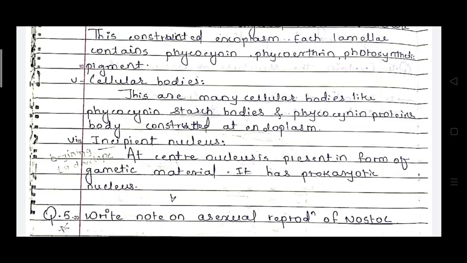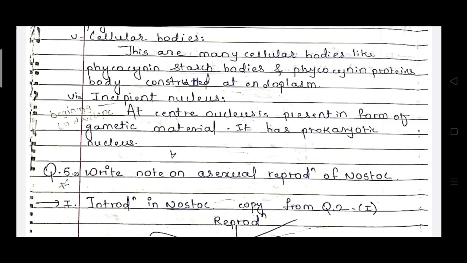Also the incipient nucleus, that means the center of the nucleus, is present in the form of genetic material, and it is a prokaryotic nucleus because this alga is a prokaryotic alga. So this is the information regarding the structure of Nostoc cells. In the next video we talk about the next point, that is reproduction in Nostoc. So now I stop here.